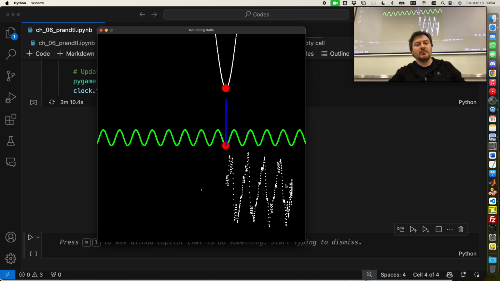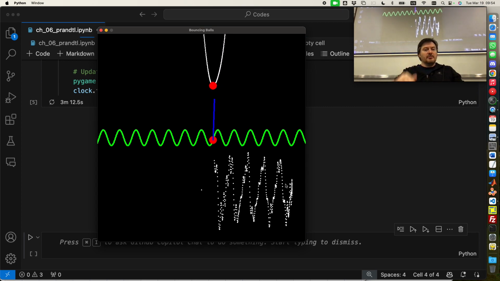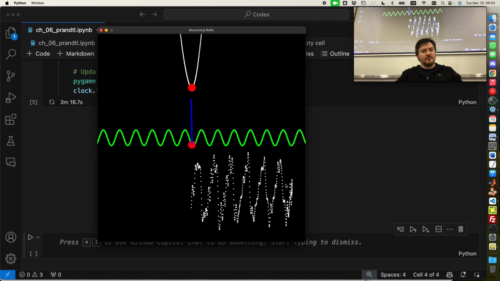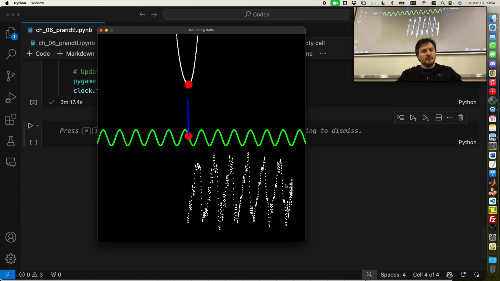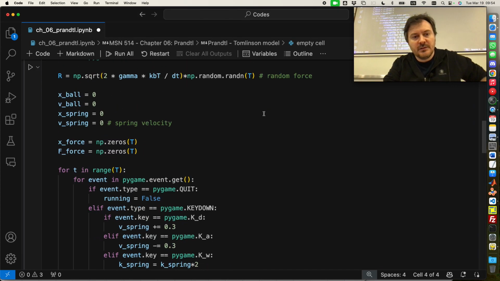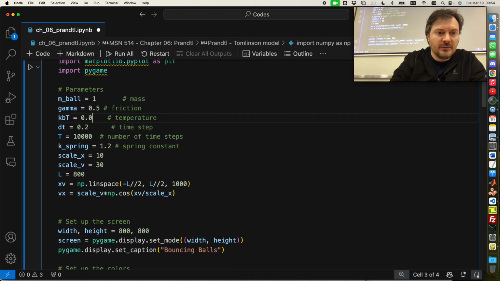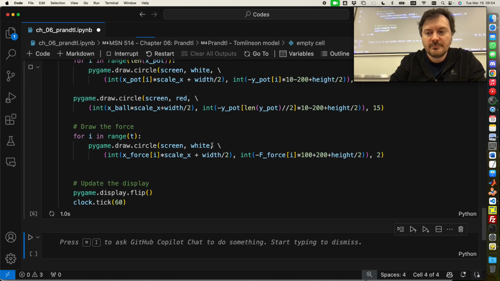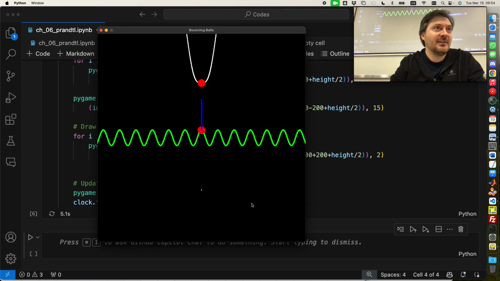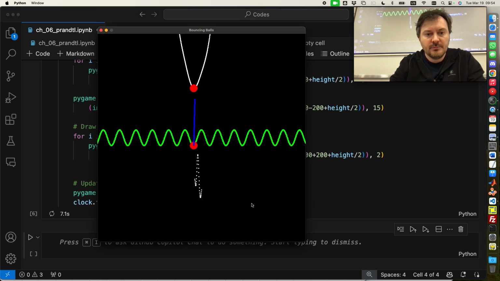In the peaks, they are looking like a double. It's fluctuating. Should I just set the temperature to 0 so that it doesn't fluctuate? It doesn't fluctuate now.